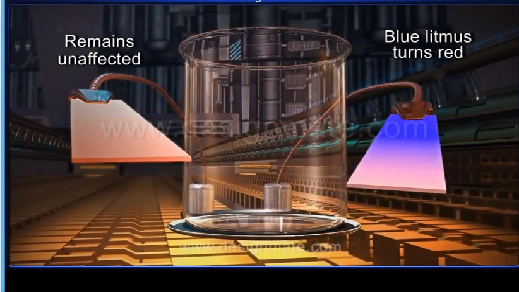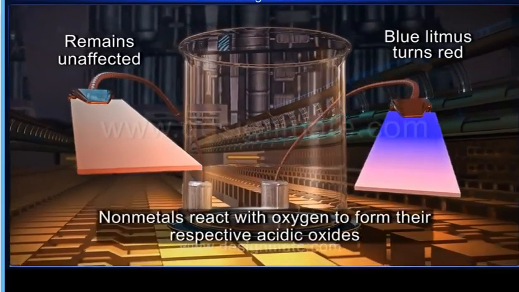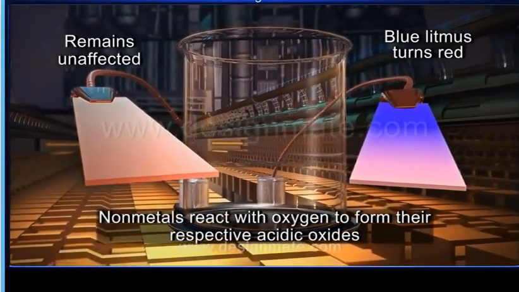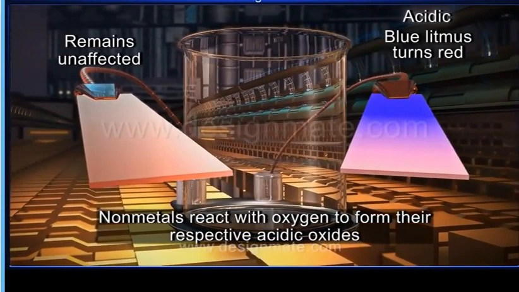If I dip it in a substance and it turns red, what does this mean? That information is vital, which is why I said earlier, go back to the lesson on acids and bases. Look at the indicators. Thus, nonmetals react with oxygen to form their respective acidic oxides.